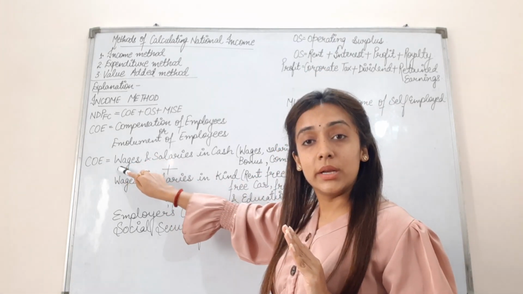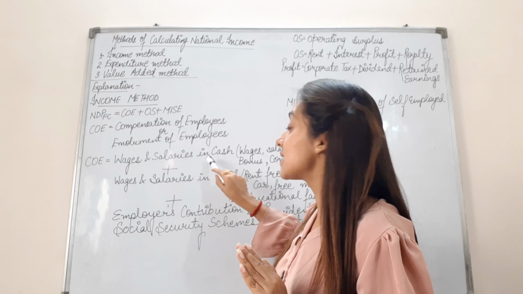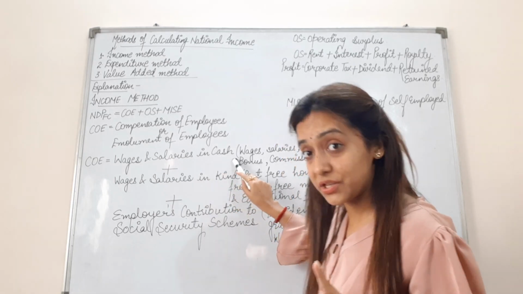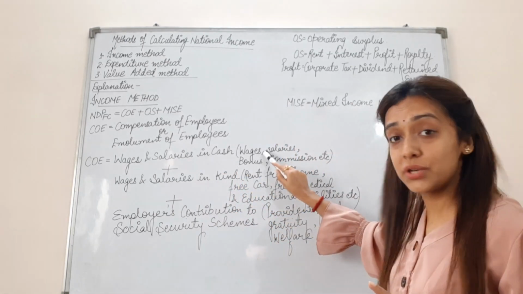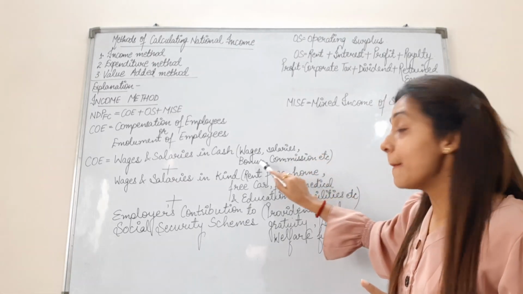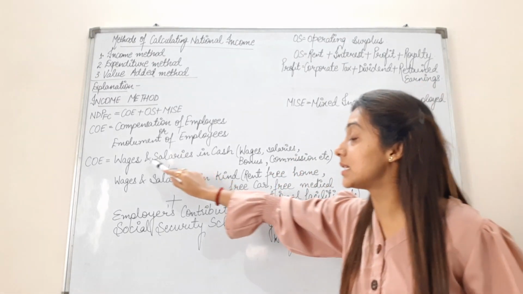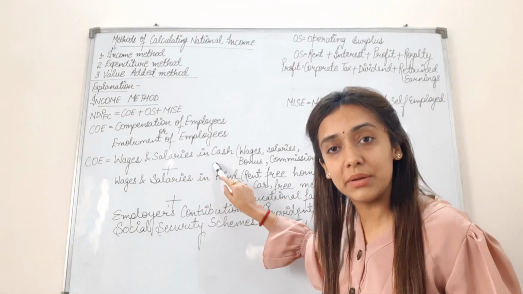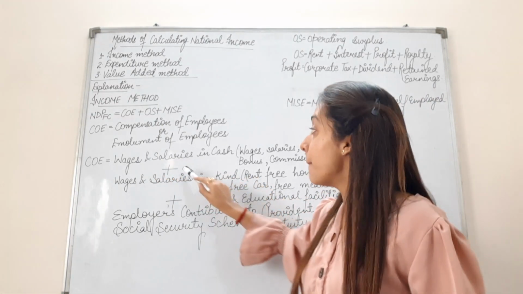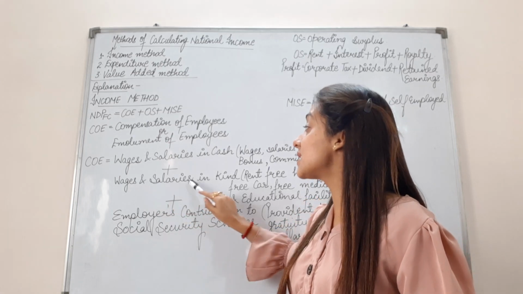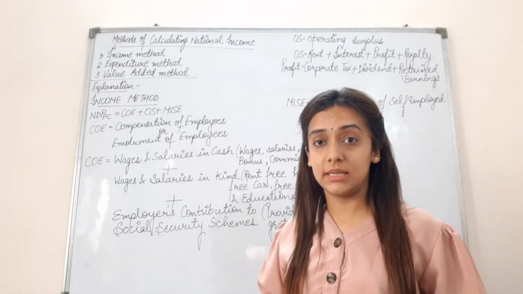COE is equal to wages and salaries in cash. Wages, salaries, bonus, commission, all these are included in wages and salaries in cash, plus wages and salaries in kind.